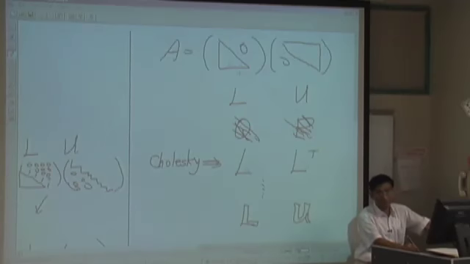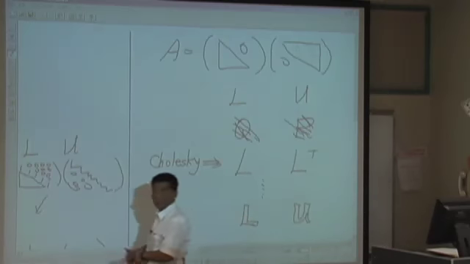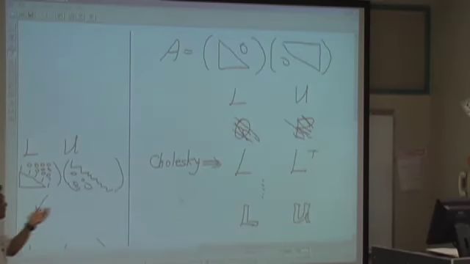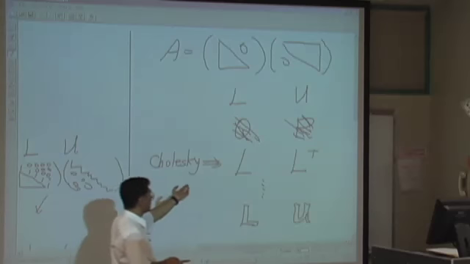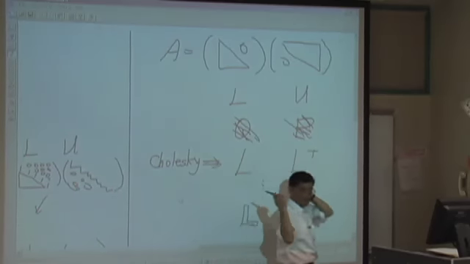Because L is lower triangular, the transpose of the matrix L should be upper triangular. In other words, by using just one matrix, we can achieve the goal. So it's called the Cholesky method. In this case, just finding one matrix is enough because the other is the transpose. So this direction was developed.